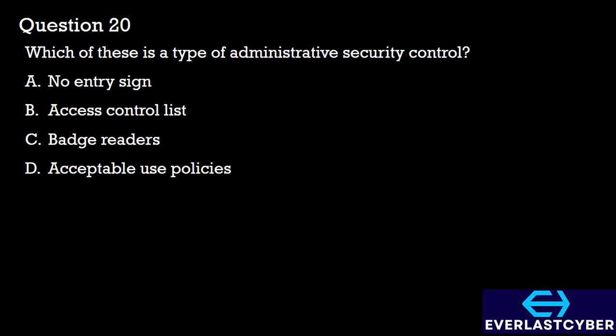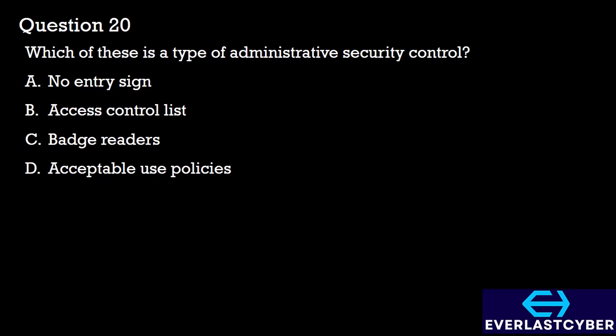Badge readers are devices that read identification credentials in order to grant access to restricted areas. Now, they are part of the access control systems, but they are more of a physical control or a technical control. Acceptable use policies define the ways in which computers and network resources can be used within an organization.